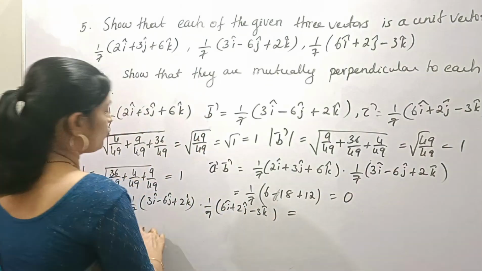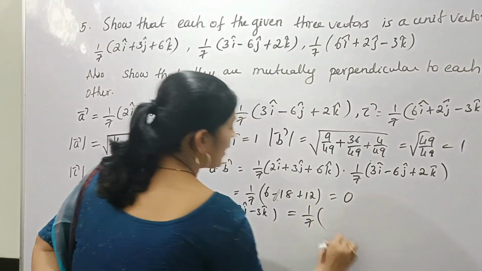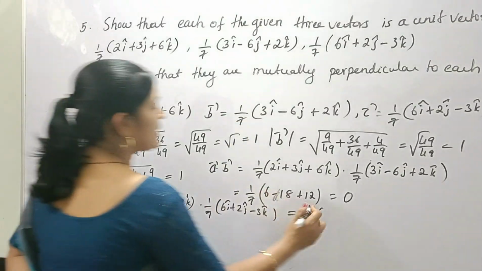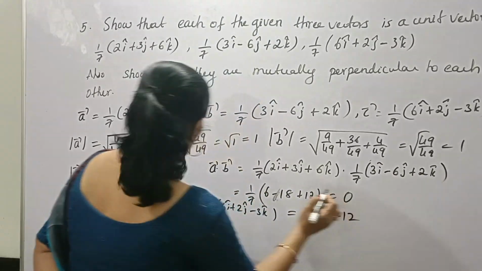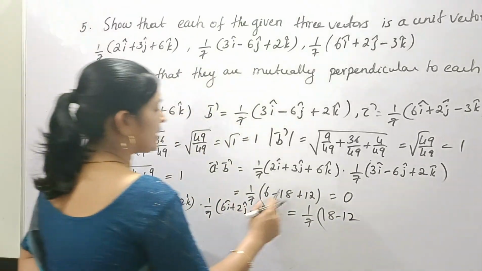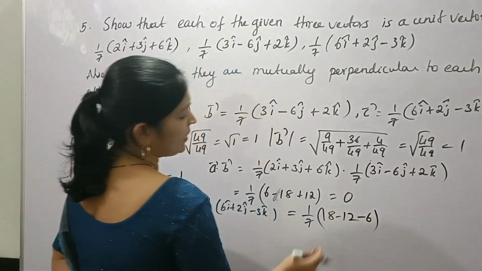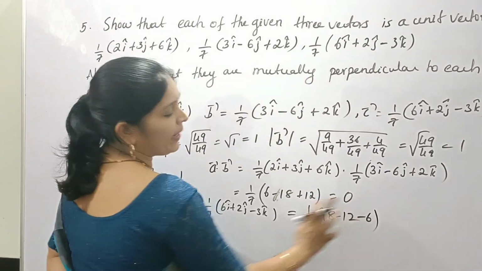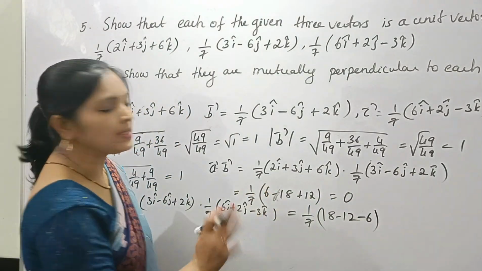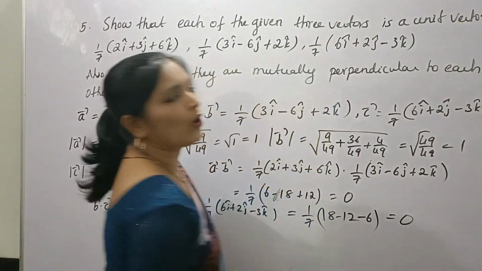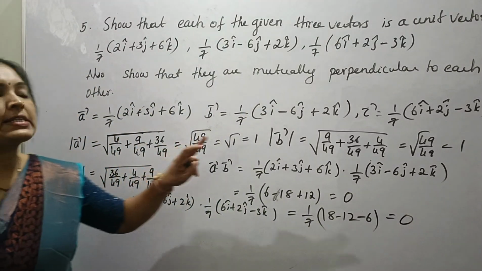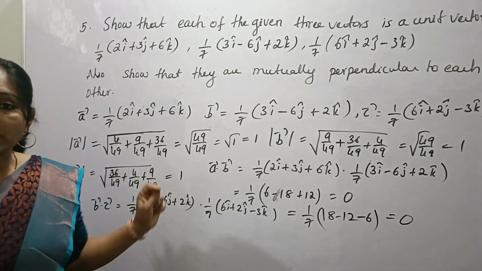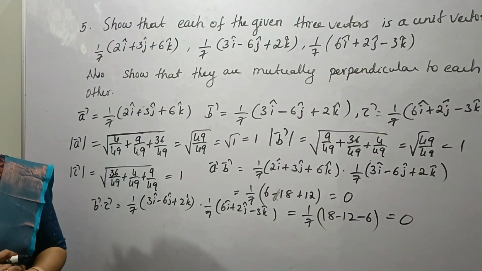Let's find, 1/7 is common, so let's take it out. Then 3 into 6, 18, minus 6 into 2, minus 12, plus 2 into minus 3, minus 6. 18, minus 12, minus 6, minus 18, 18 minus 18, 0. It's also 0. That is, vector B dot vector C is equal to 0. Therefore, vector B and vector C are perpendicular.